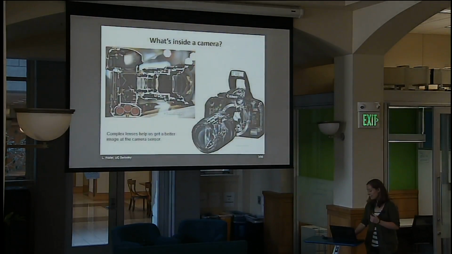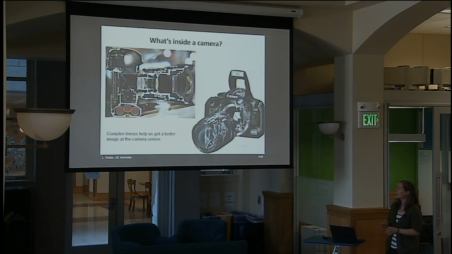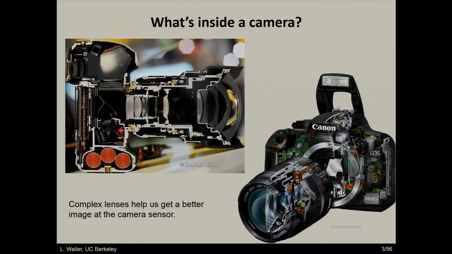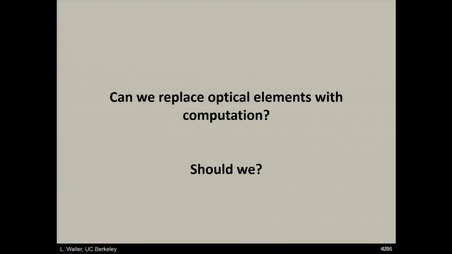So if you look inside a camera, you actually spend a lot of money and a lot of weight and a lot of size, like your SWaP in military terms, on removing aberrations or correcting the image so that it lays perfectly flat on the sensor. And what I want to say is, do we really need all of this?